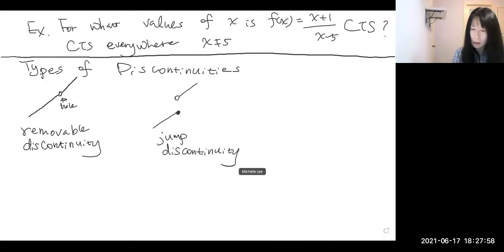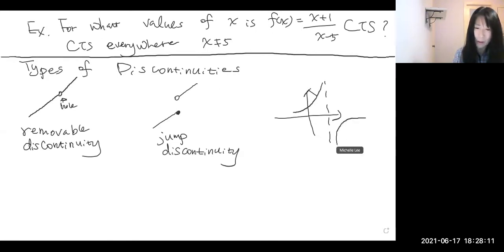Okay, then we have there is an asymptote like this. Then we call this an infinite discontinuity.